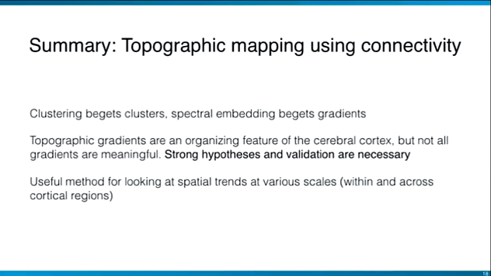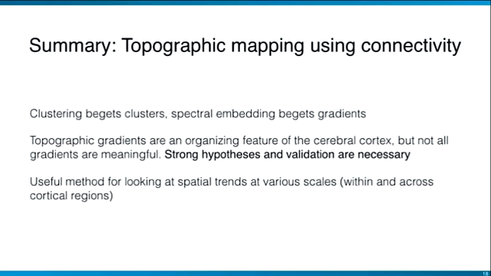No doubt that topographic gradients are an organizing feature of the cortex, but not all these gradients are meaningful. And it's absolutely critical to have strong hypotheses driving these approaches, because you can put data in and you can get gradients out, and if you don't have a strong hypothesis, it's really going to become challenging work to validate whatever results might come out of that.